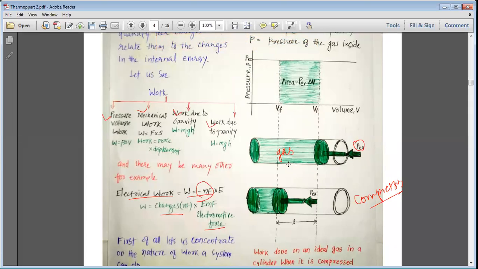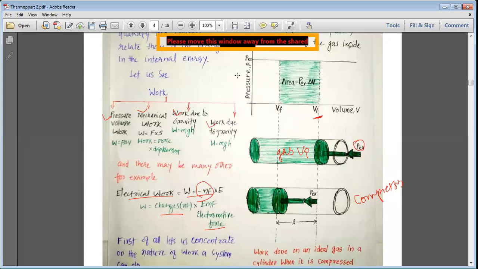So the initial volume of the gas was V1, or V initial, Vi, which we represented here. You can see here we have drawn a graph of pressure versus volume. On the y-axis we have pressure and on the x-axis we have volume. This is the initial volume. Due to pressure, the volume decreases and it becomes V final.